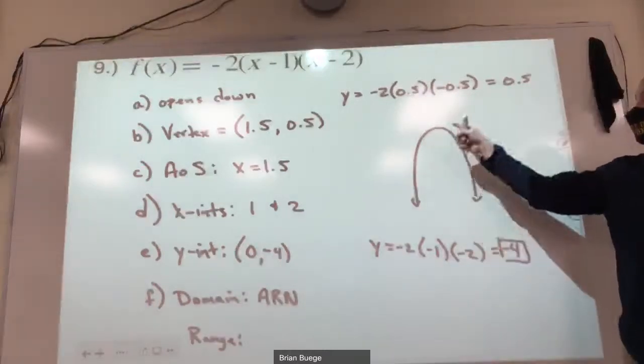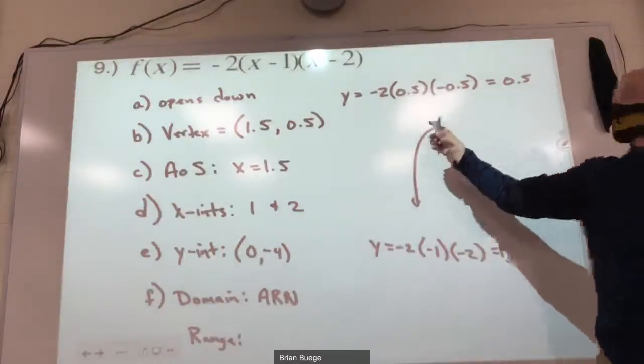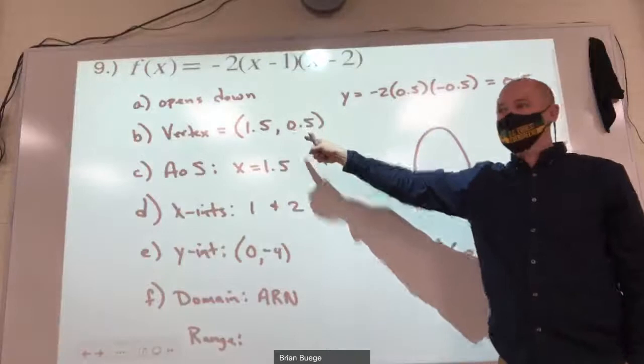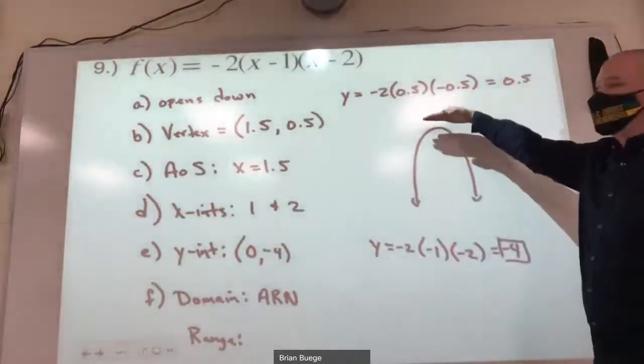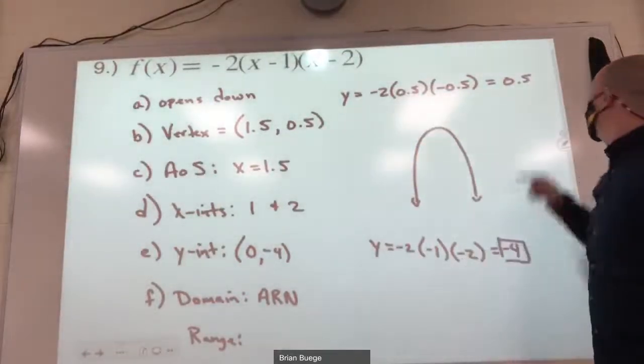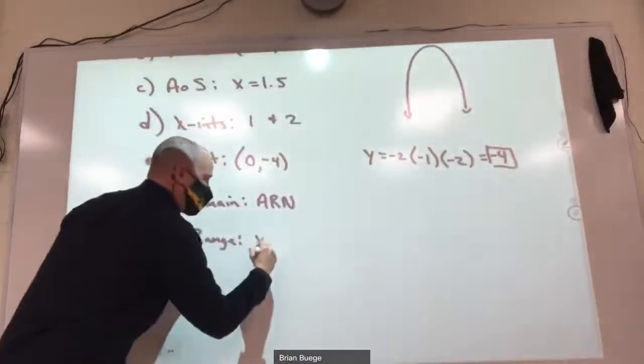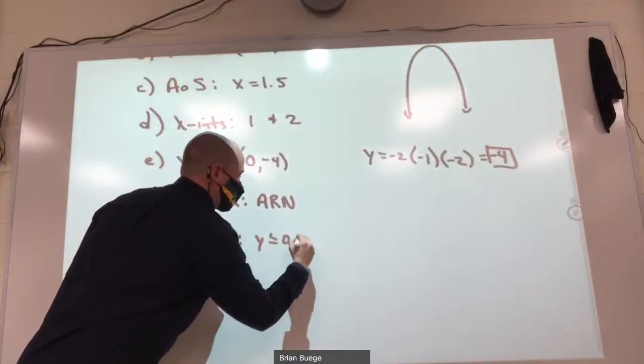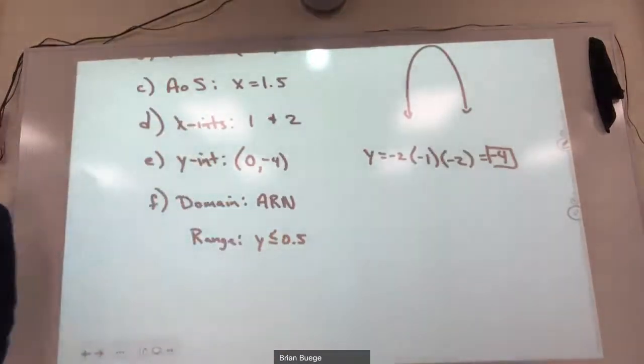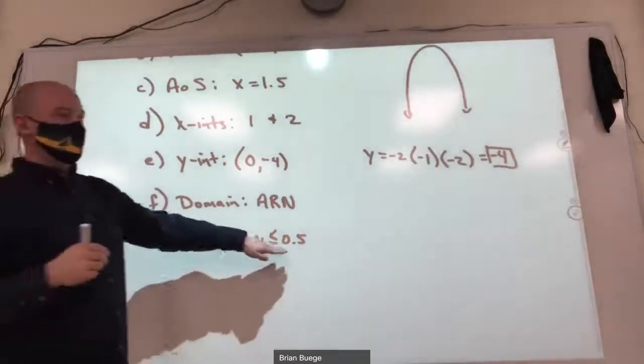They're less than or equal to your maximum value, which in this case is a half. So all of your y values will go from there down. Y is less than or equal to 0.5. Does it make sense why we have to have an equal to in there? Why it's not strictly less than? The equal to means that you're including that.